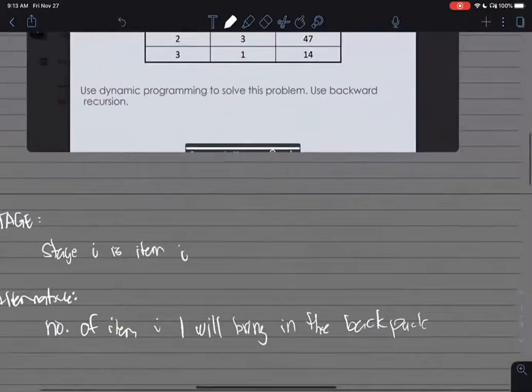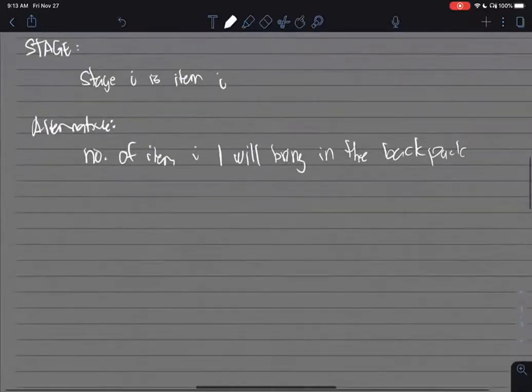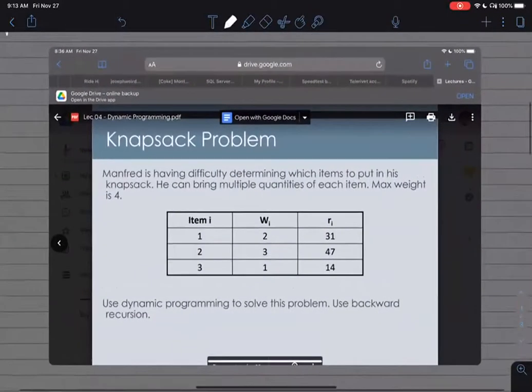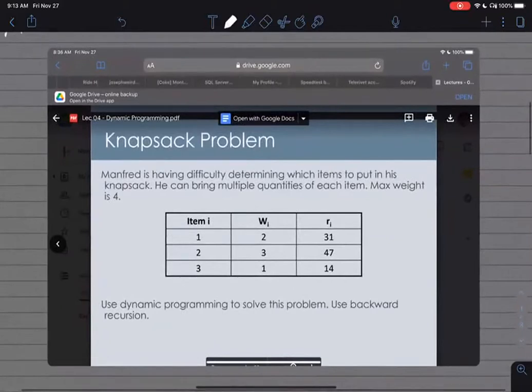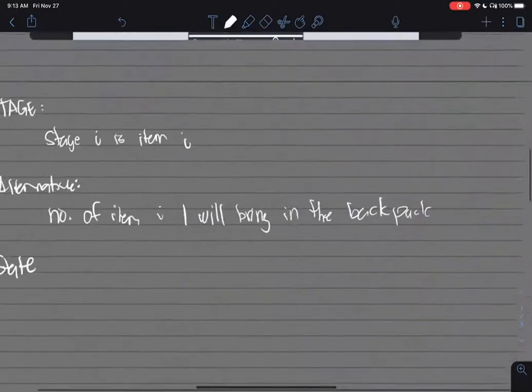Anyway, stage, alternative, now state. So again, state is something that will help us decide on, or something that you will use to relate the current state and your previous stages. So for this, we will be using the weight.